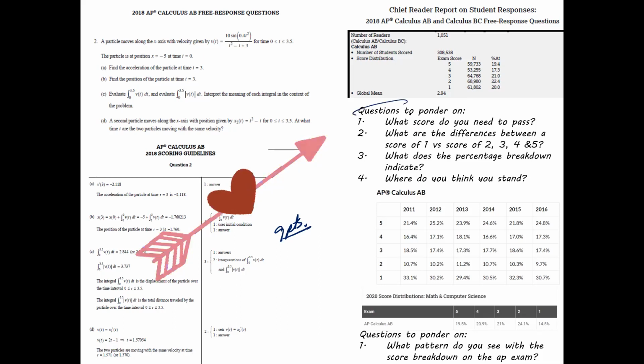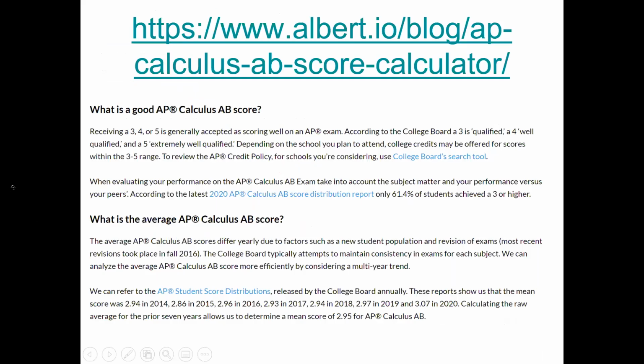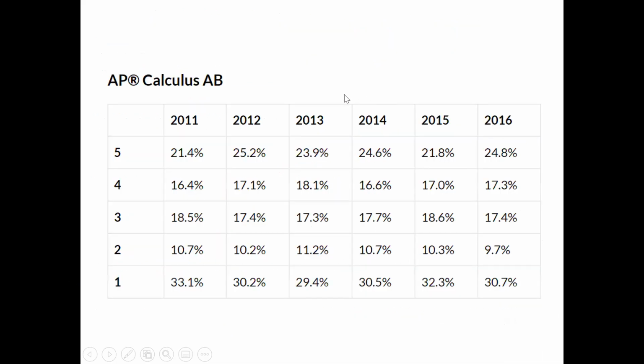I have a few questions I would like you to fill out. And then when you are done, go onto this link and read this article on how the AP test is graded and how they curve the AP test.